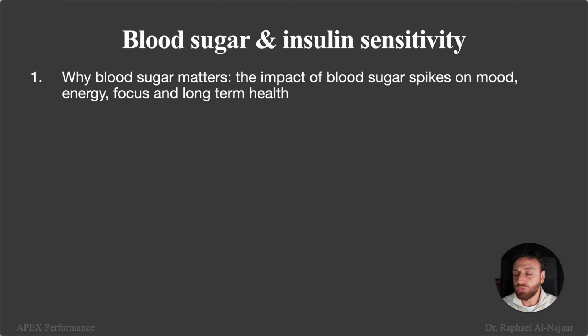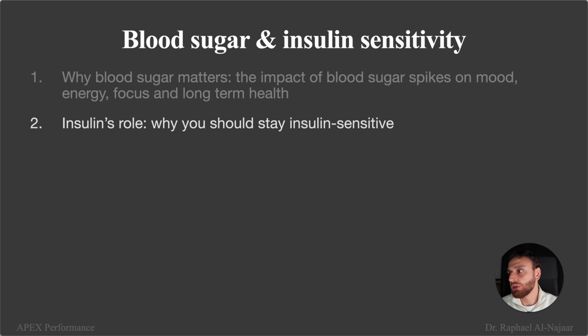Not eating too much sugar, not eating too many carbs, at least not something that will spike your blood sugar all the time and give you higher fasting insulin levels, because that's not good for your long-term health, long-term focus, long-term performance, and simply just risk of getting all these metabolic diseases, right? And this is partly also why you have to stay insulin sensitive.